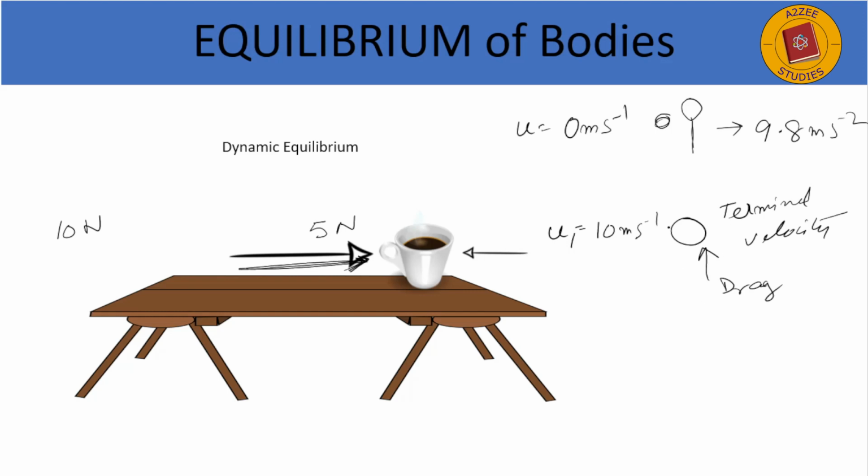This is the perfect example of dynamic equilibrium. This frictional force, drag, is nothing but the frictional force. Friction force offered by air. And this way the force is given by the gravitation.